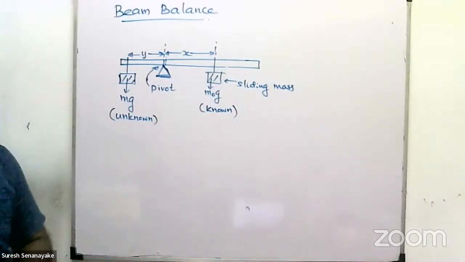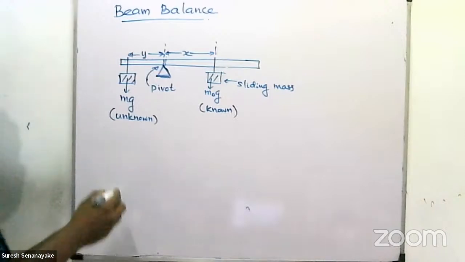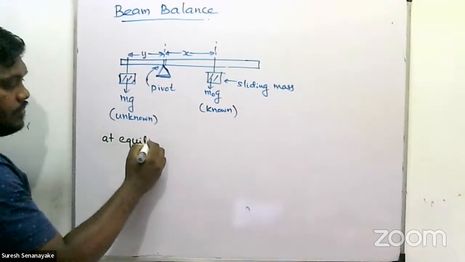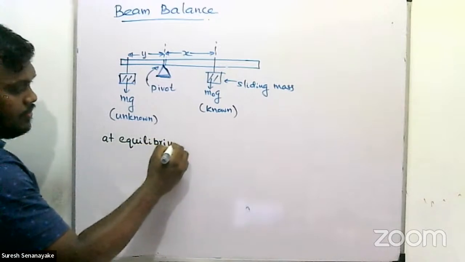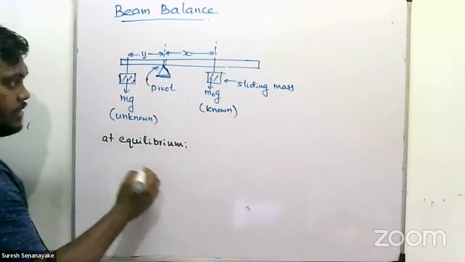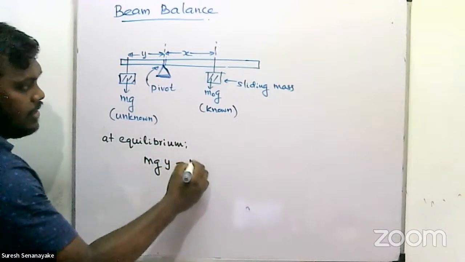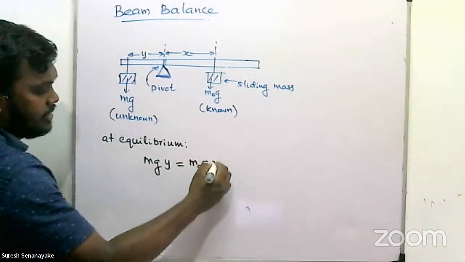According to the previous principle, at equilibrium we can say that m g y equals m naught g x.